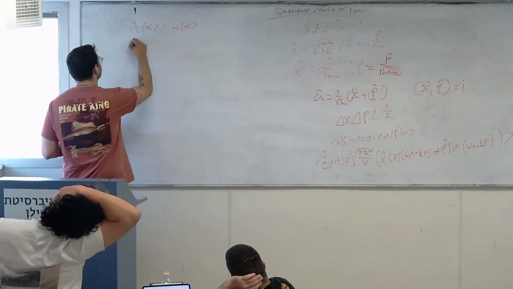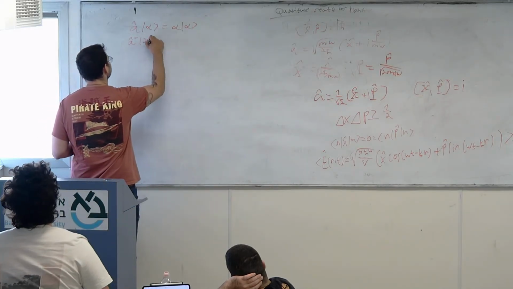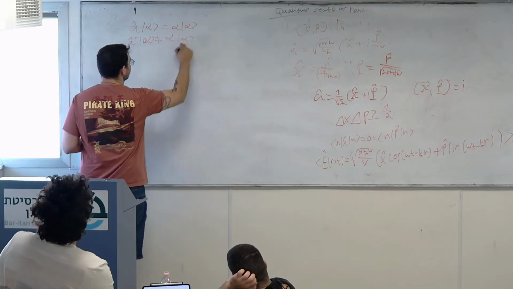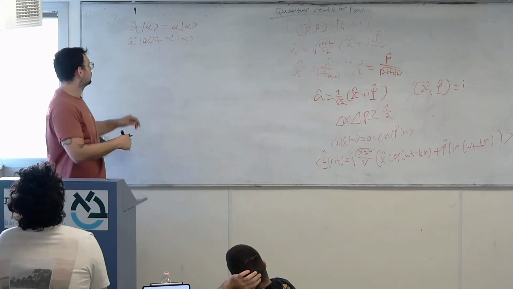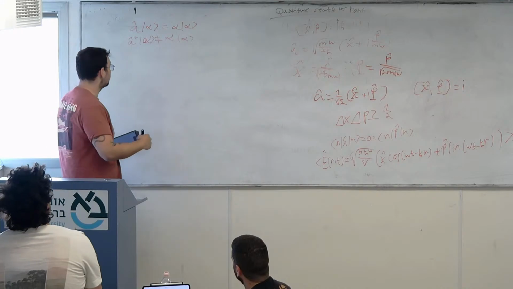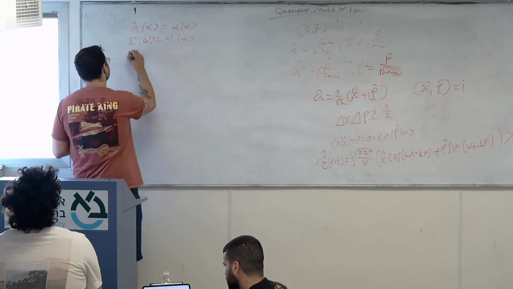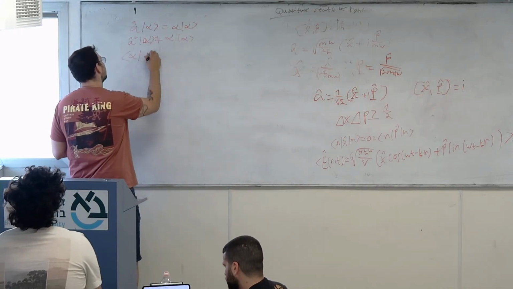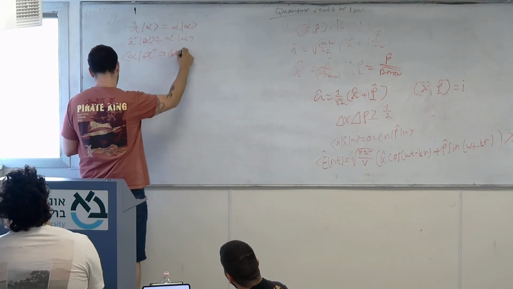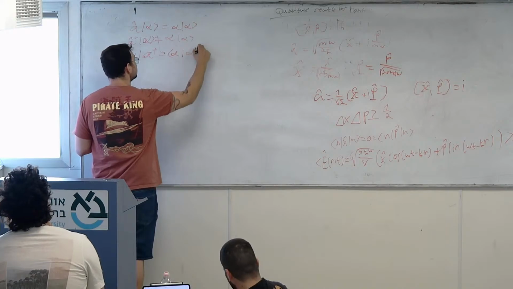Note that the eigenvalue alpha does not equal the state |alpha>. These two are not just the opposite of one another, right? But we can say <alpha| acting on A dagger would be equal to alpha conjugate.